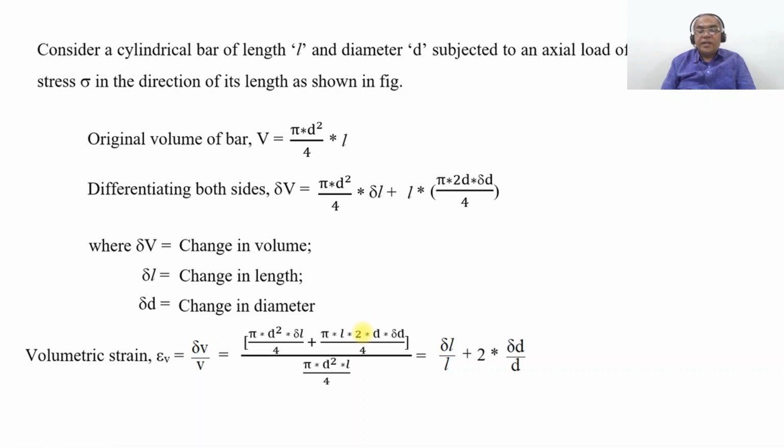So that is what you are going to get here. Epsilon y is equal to epsilon z, which is equal to delta d by d. Now epsilon v is the volumetric strain along the x, y and z axes, that is epsilon x plus epsilon y plus epsilon z.